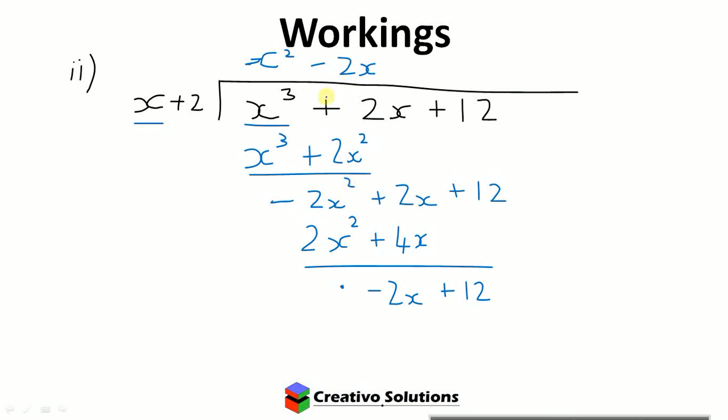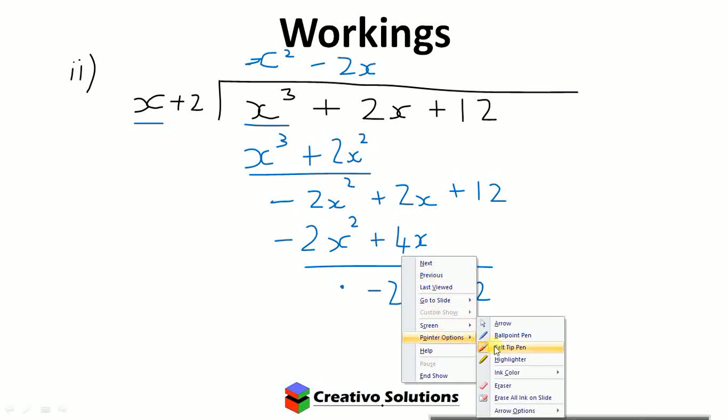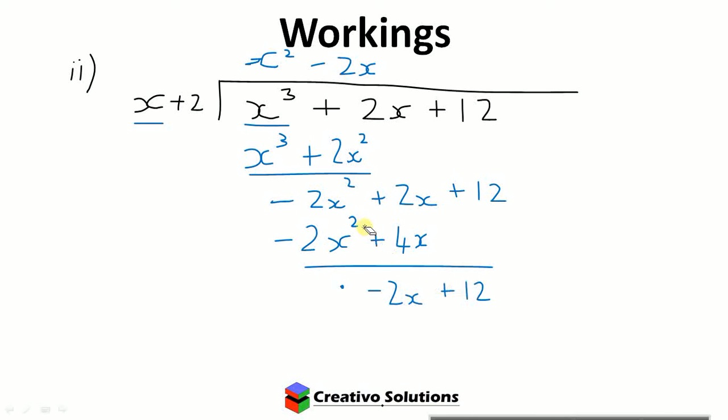Right, so minus 2x squared times that gives you minus 2x squared. That's fine. Minus 2x times 2 is minus 4x, so this also changes sign, please.